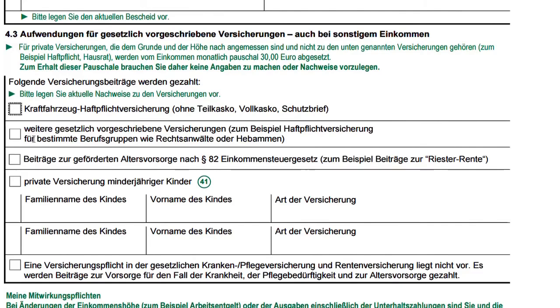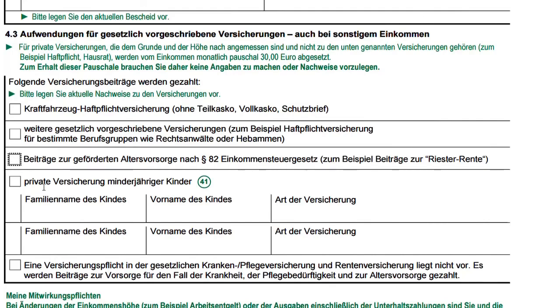If he or she has other insurances required by law, for example, liability insurance for certain professional groups such as lawyers or midwives, you mark here with a cross. If he or she has contributions to subsidized retirement provision according to Article 82 of the Income Tax Act, for example, contributions to the Riester pension, you mark here with a cross.